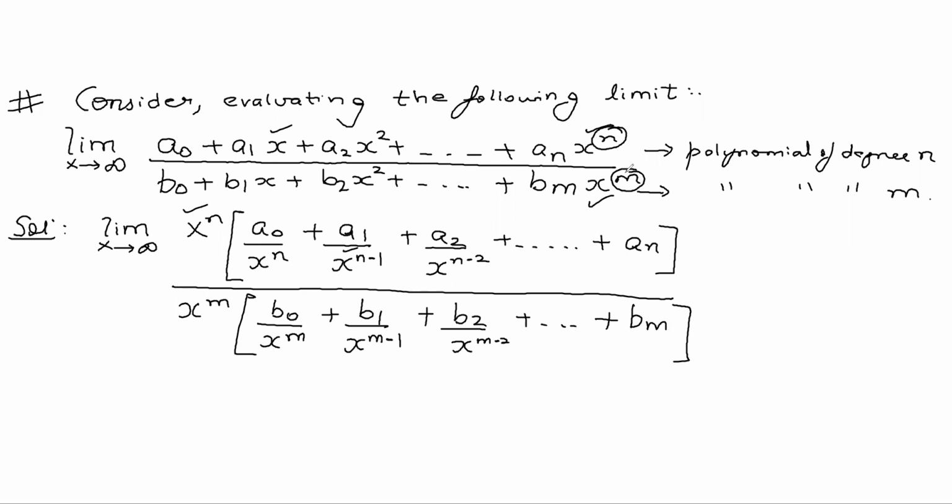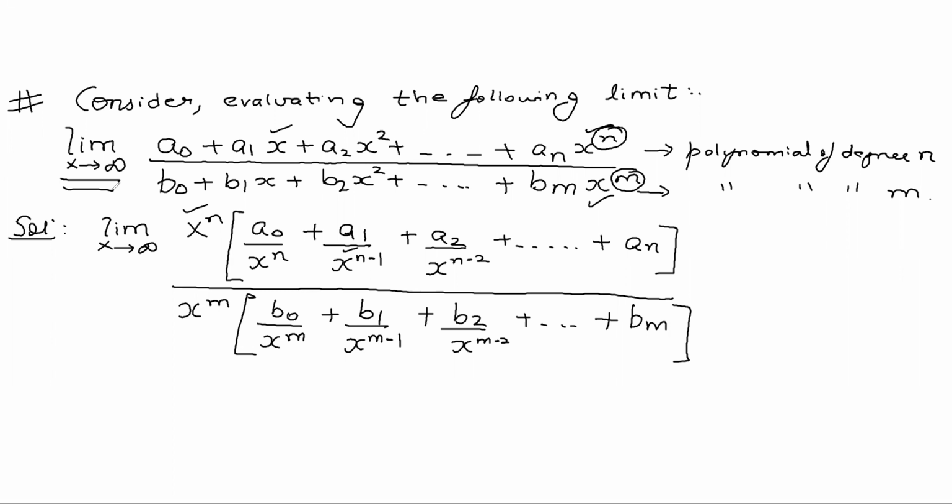You must have joined late, so you must have not understood it, because I had clearly defined in the previous numerical which we had done that whenever you are evaluating the limit of a polynomial, and the limit involves infinity, you always start with the first step as take the highest power of x common.